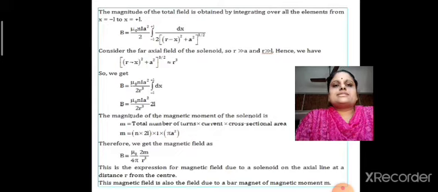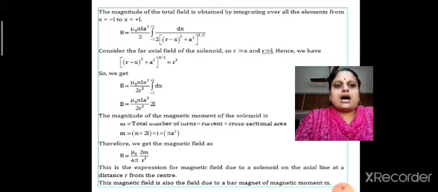Hence, the denominator ((r − x)² + a²) raised to 3/2 will be approximately equivalent to (r²) raised to 3/2, which is r³, since x and a are negligible. And the integral becomes B = μ0 n I a² divided by 2r³ into the integral from −L to +L of dx.